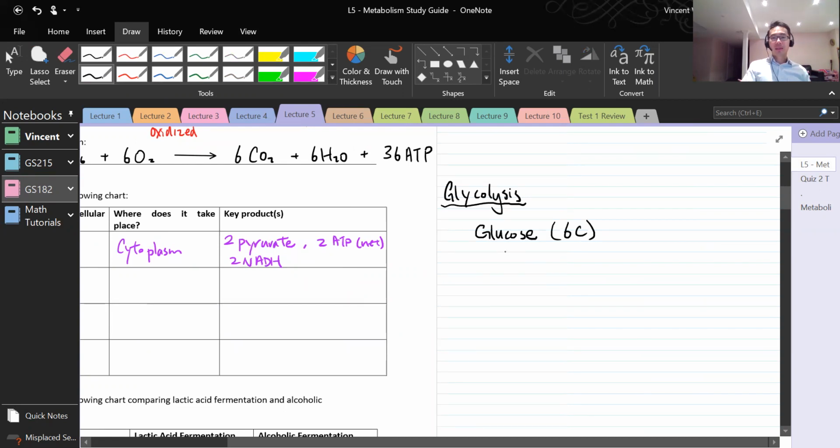We are going to undergo a series of reactions which will ultimately split the glucose into 2 pyruvate. So let's do some simple math here. If we started with 6 carbons in glucose, after you split it into 2 pyruvate, how many carbons do we have for each pyruvate? Yeah, thank you, Tyler. So that's 3 and 3.